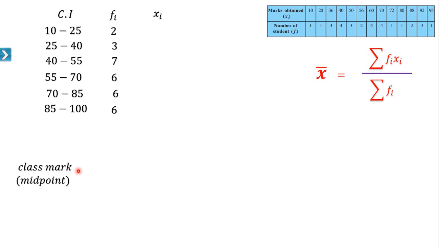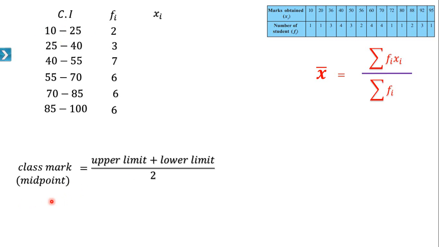How to find xi for a grouped frequency distribution? Class mark is equal to upper limit plus lower limit by 2. Xi is the value which represents this group, that is the midpoint of this group.